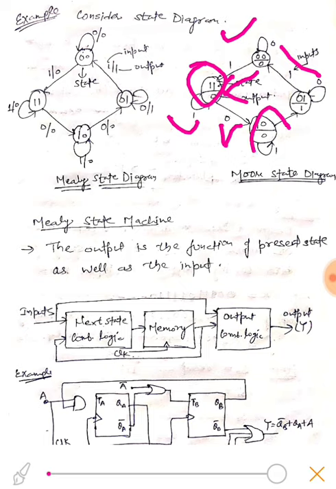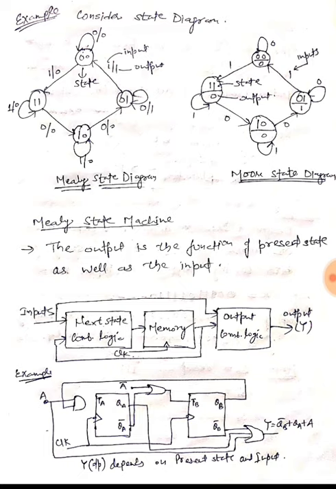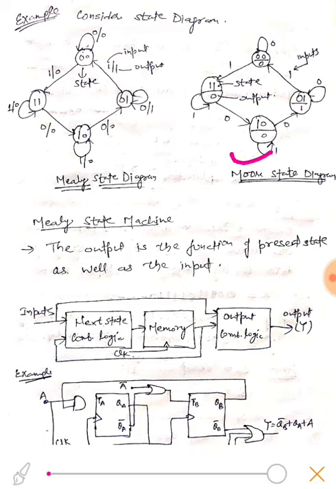Similarly, if it is in state 2, it will remain in state 2 if input is 1. If input is 0, it will move to the state 1. Similarly, we can see how it will transit from one state to another on the application of input, and the output is denoted inside the circle. This is the basic difference between a Mealy state diagram and a Moore state diagram.